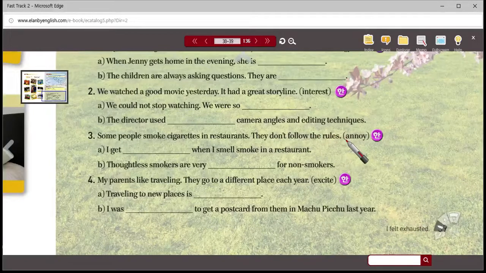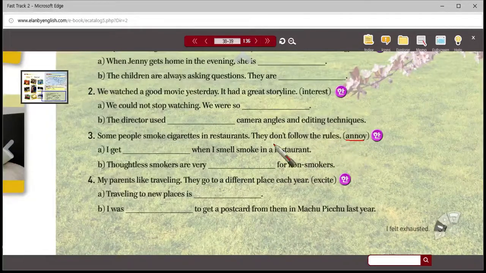So they are annoying, annoyed. Okay, so I get annoying, annoyed when I smell smoke in a restaurant. Thoughtless smokers are very annoying, annoyed for non-smokers.